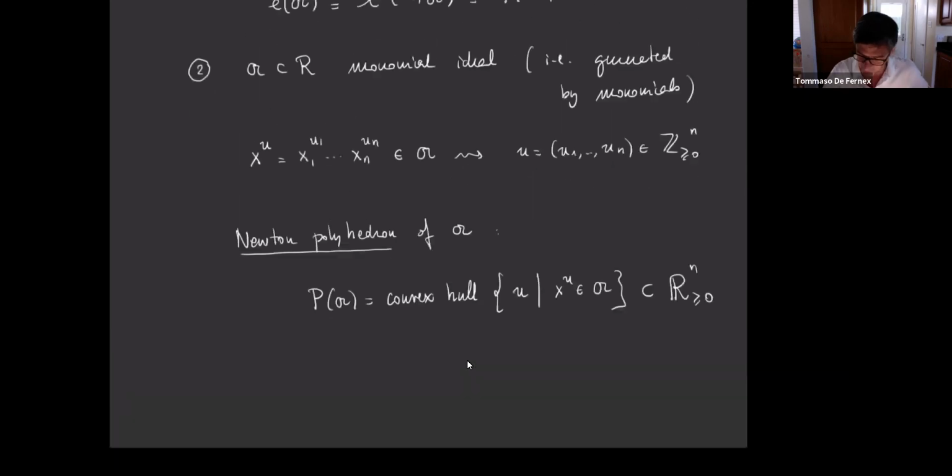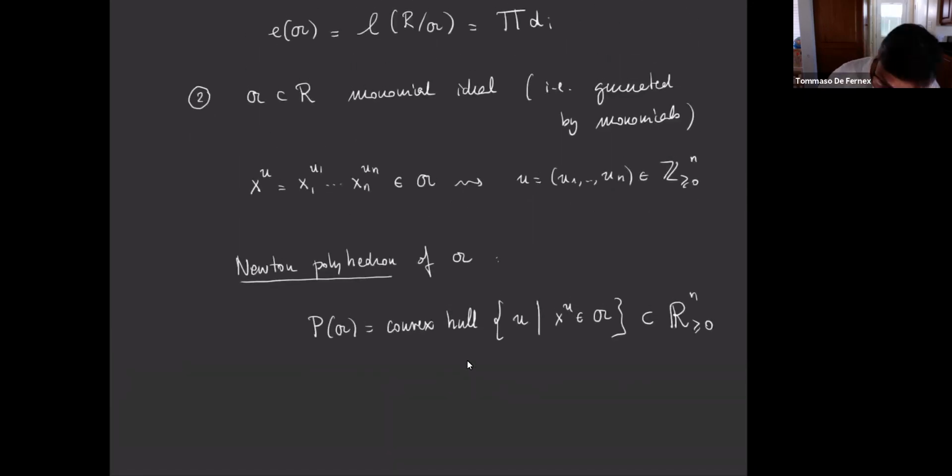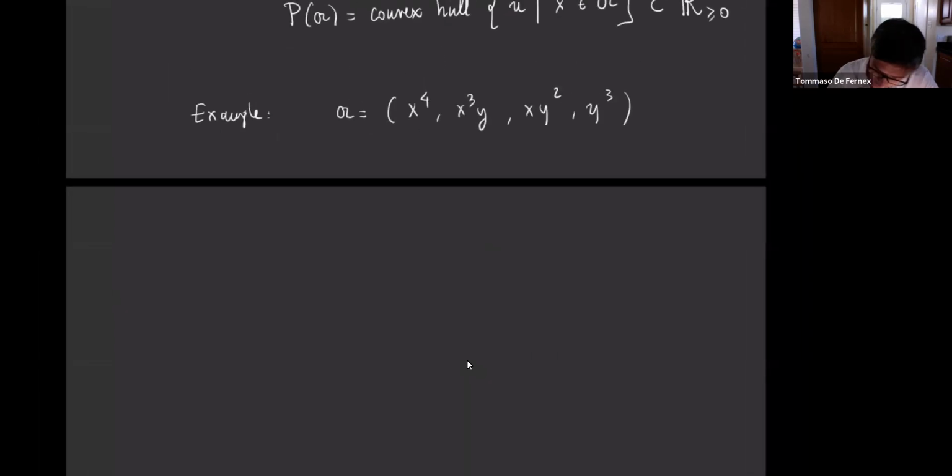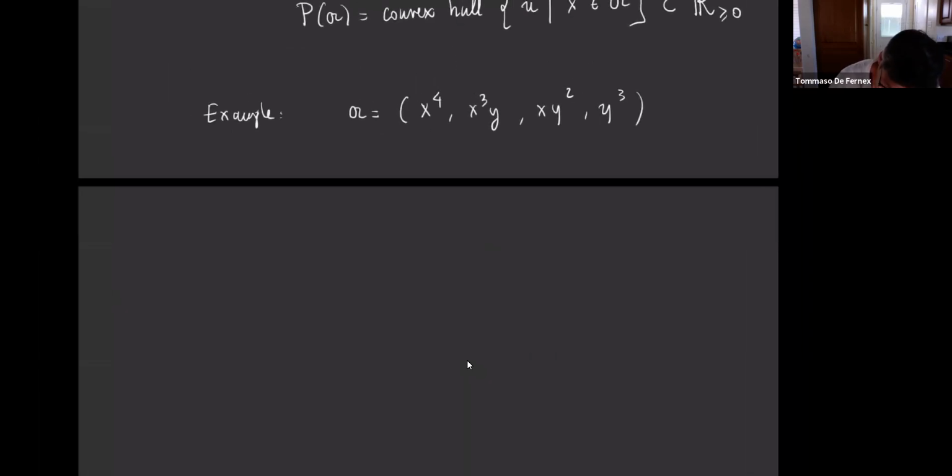So let me just give you maybe a concrete example. Suppose that A is, say, (x^4, x^3y, xy^2, y^3). So in this case, the dimension is 2, so we are inside R^2. Okay, so let's mark 1, 2, 3, 4.